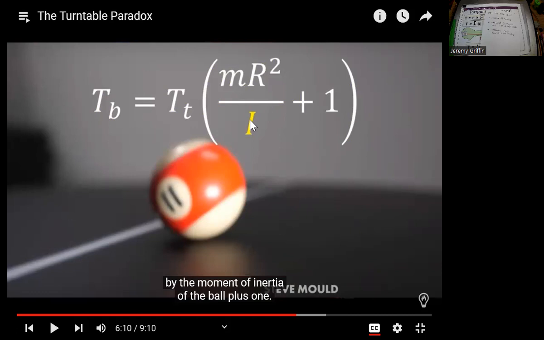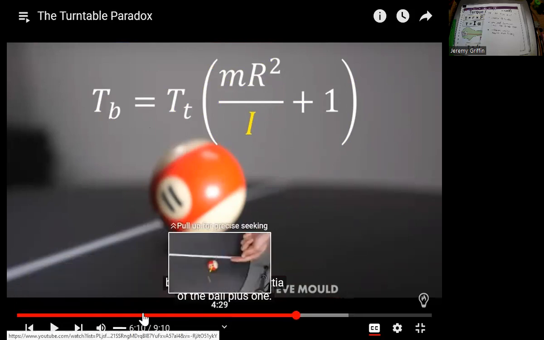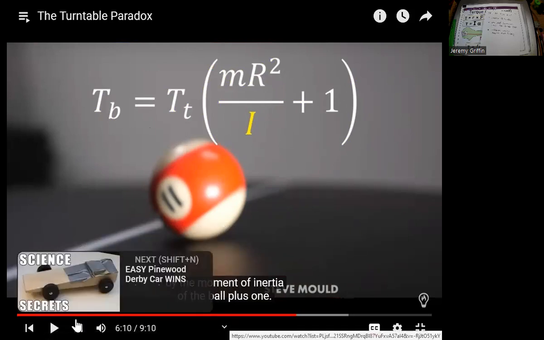Later on, he also puts something like a ping pong ball up there, which is like a spherical shell, which is 2/3 mr squared. So the mr squared bit cancels out, you get some factor, and he's looking at why there is this relationship between the turntable turning versus the billiard ball turning. So it comes out to this relationship. If you want to see the full thing, it's on YouTube.